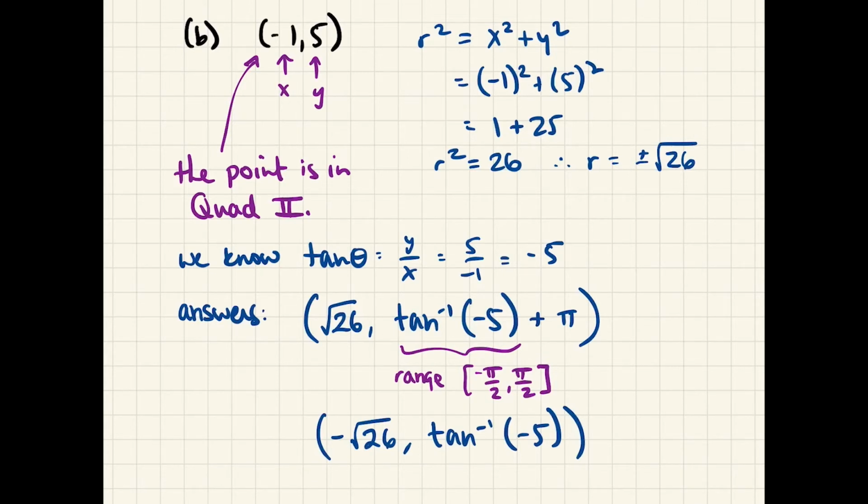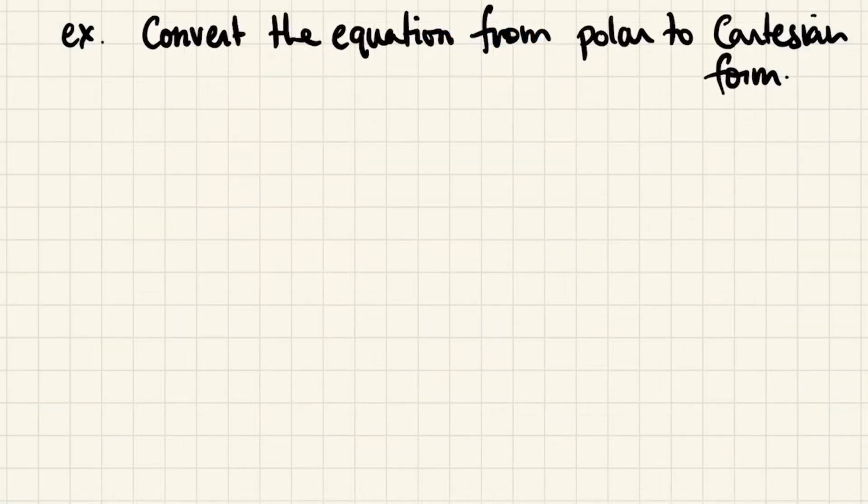Now, the next example will be converting full equations back and forth. All right, so now we're going to look at some conversions from polar to Cartesian of equations. We're still going to appeal to the same little group of formulas.